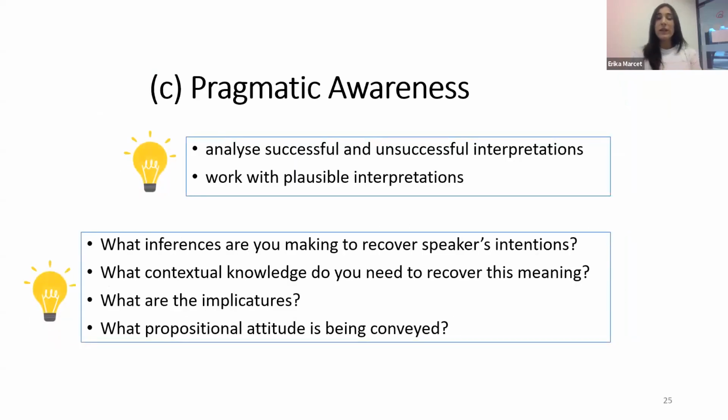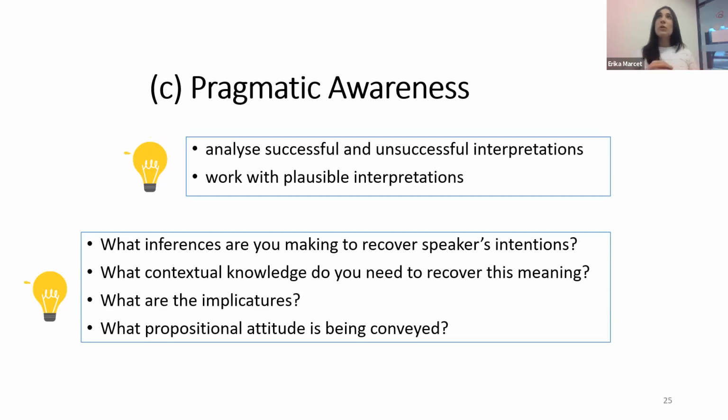In the third phase, pragmatic awareness, we could show interactions where a relevant interpretation is achieved, as well as an interaction where relevant interpretation is not achieved, and ask learners to analyze what went right or what went wrong.